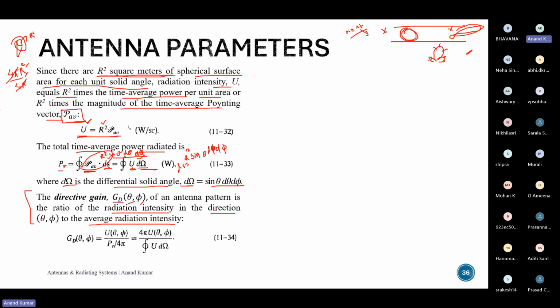As I said, it is the ratio of the radiation intensity in that direction to the total average radiation intensity.